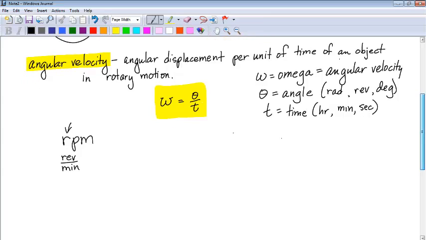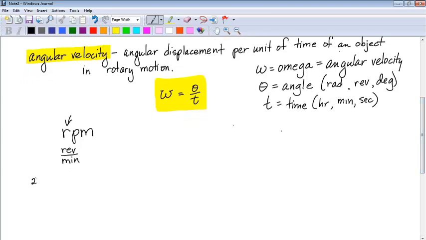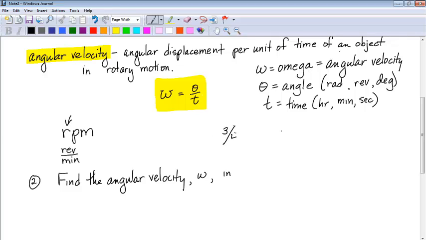So let's look at an example. Say they give you: find the angular velocity omega. Now when you're doing these problems, I know a lot of people like to write their fractions with a nice diagonal line.